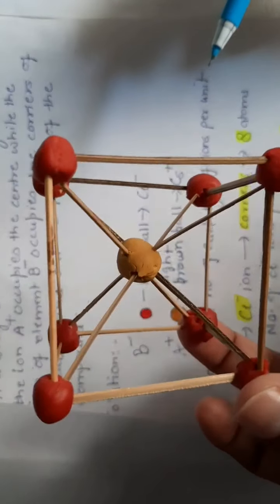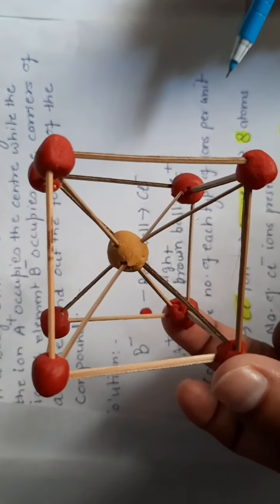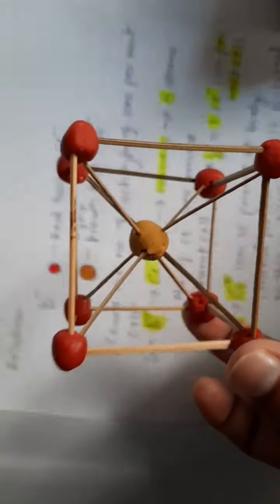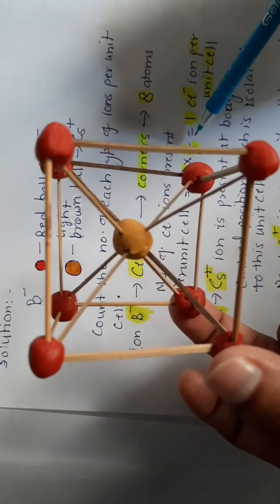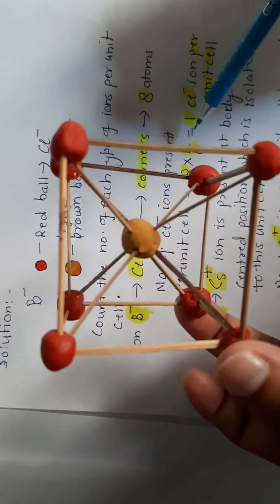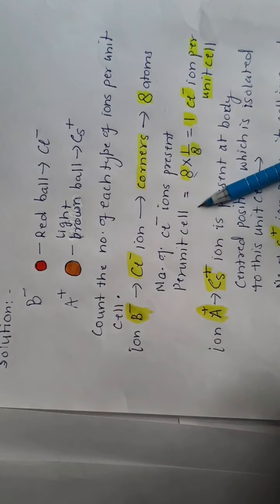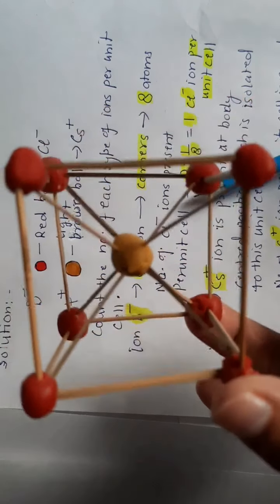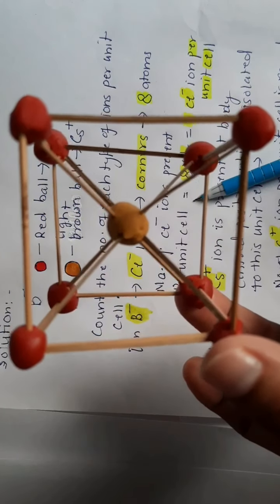So now let us count the number of ions per unit cell in this cubic unit cell. Since there are 8 chloride ions in this unit cell, the number of B minus ions or chloride ions is 8 because they are occupying the corner positions, and the contribution of a corner is only 1/8 in this unit cell.